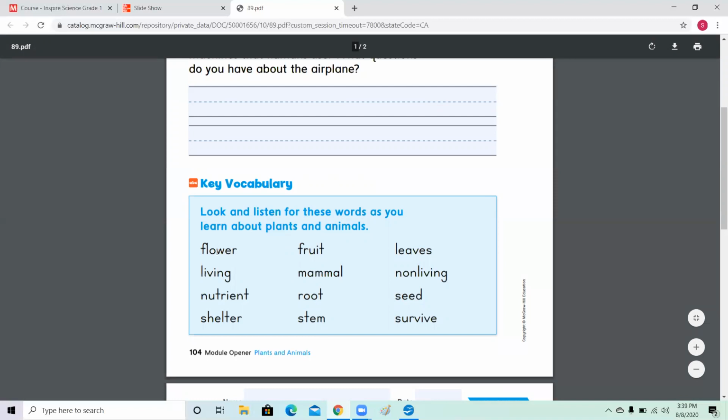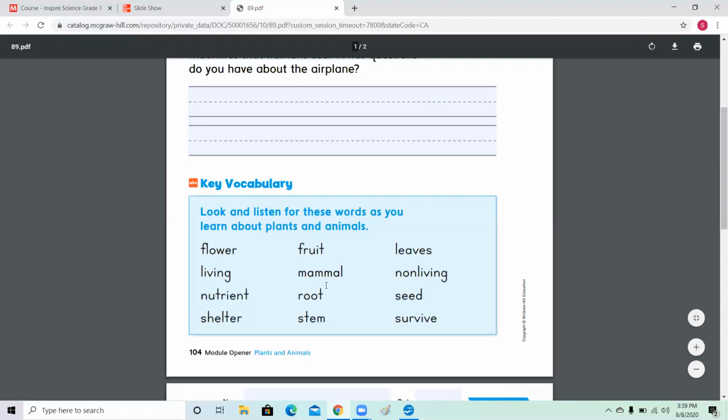Flower, living, nutrient, shelter, fruit, mammal, root, stem, leaves, non-living, seed, survive.